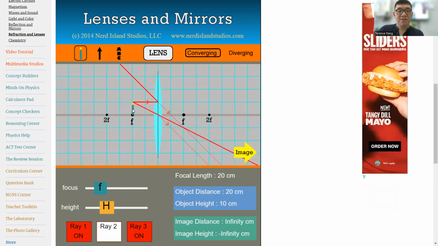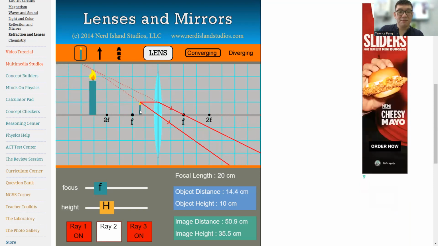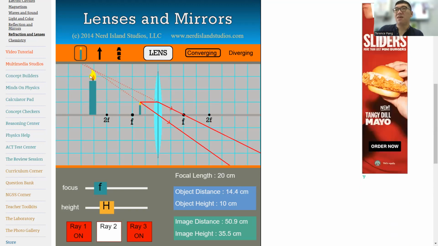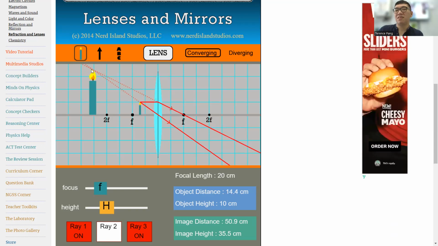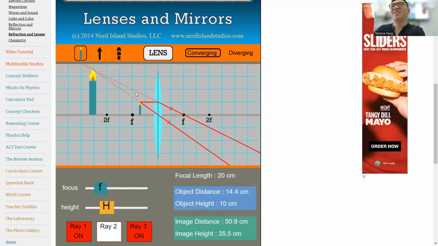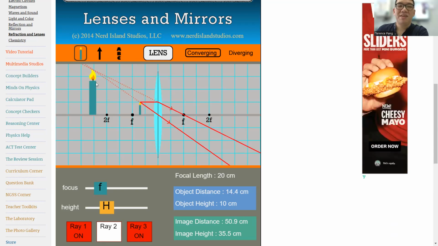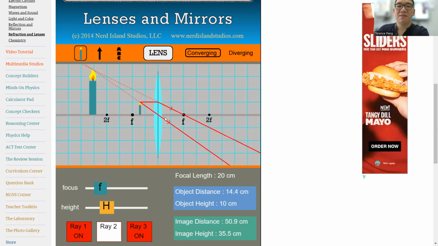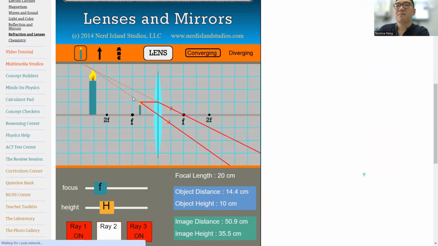Interestingly, once you go below F, what happens? You'll see dotted lines being formed. These dotted lines are known as fake lines. What's another name for fake lines? Virtual. So these are virtual lines, virtual light rays that are not real. You should draw this with a dotted line. The candle now is bigger.